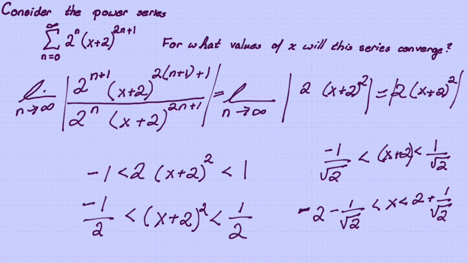You're 100% right. It's -2. Goodness. It's still 1 over root 2. I just messed up where it was centered. Okay, is that all right?